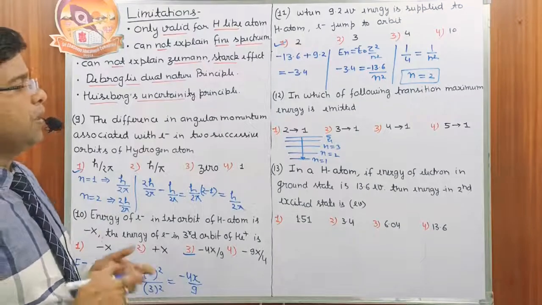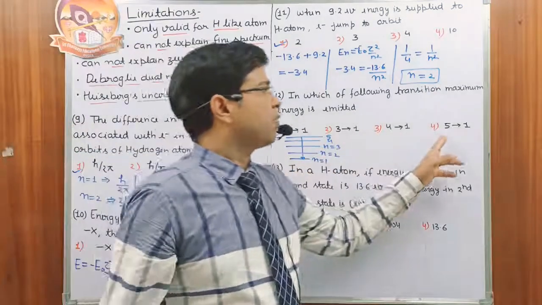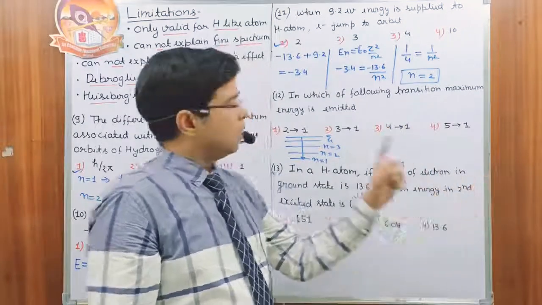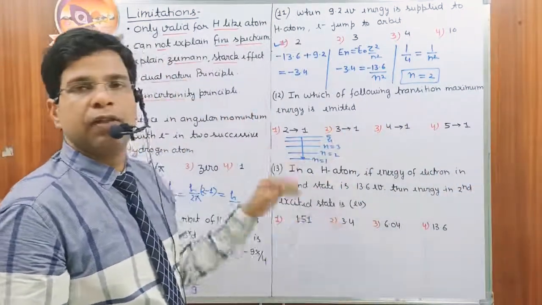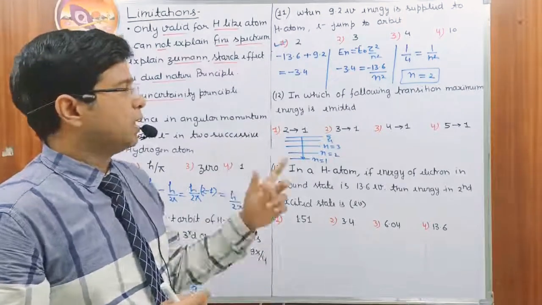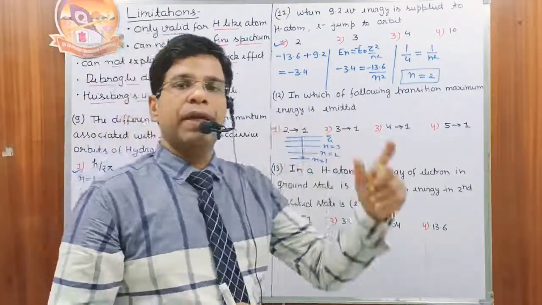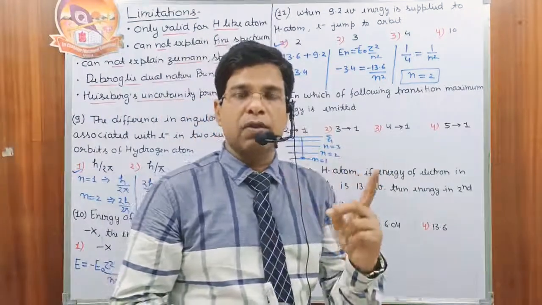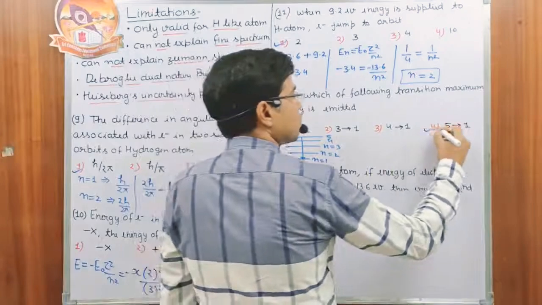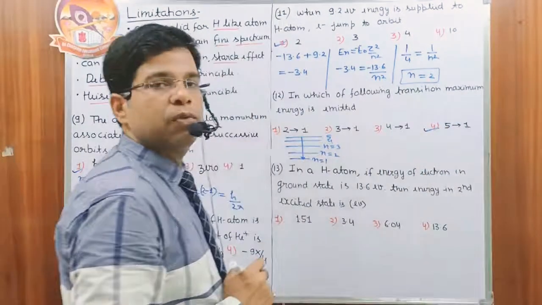The energy when the electron comes from 5 to 1 is maximum, after that 4 to 1, after that 3 to 1, and after that 2 to 1. So the maximum energy transition occurs when the electron makes a transition from n equal to 5 to n equal to 1. So the correct answer of this question is option number 4.